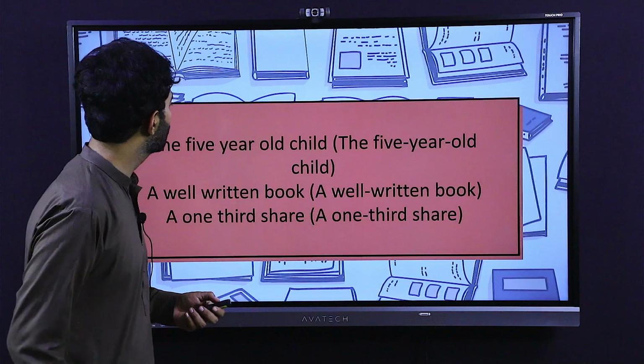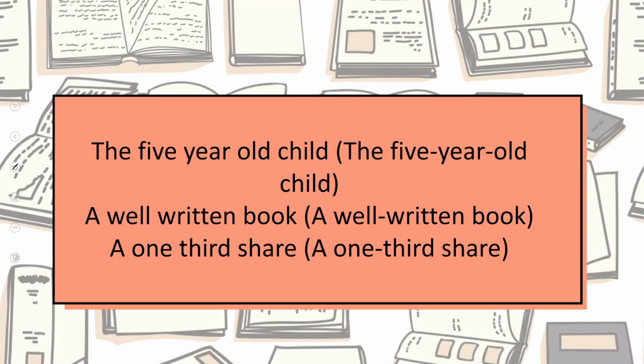Okay, next one. You can see these two or three examples. The 5-year-old child. It is better to write this compound adjective by using our hyphen.